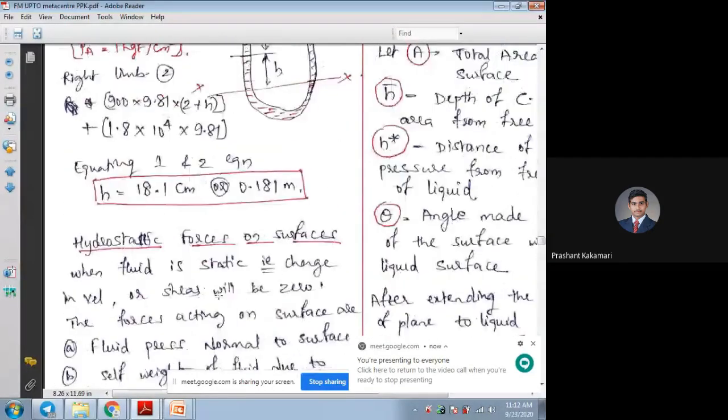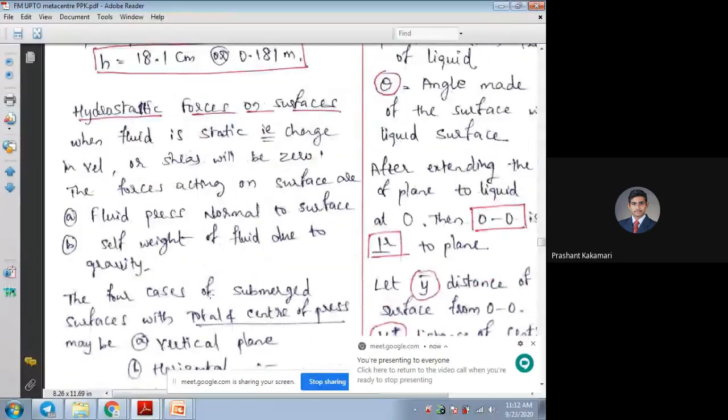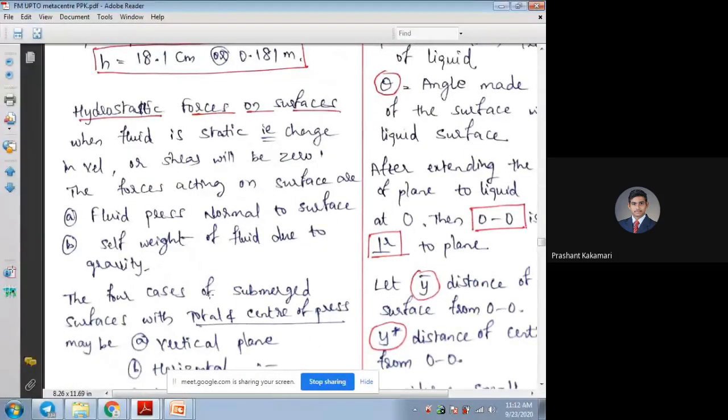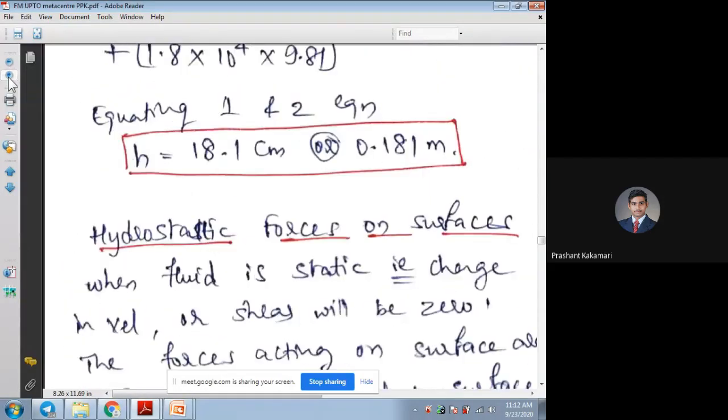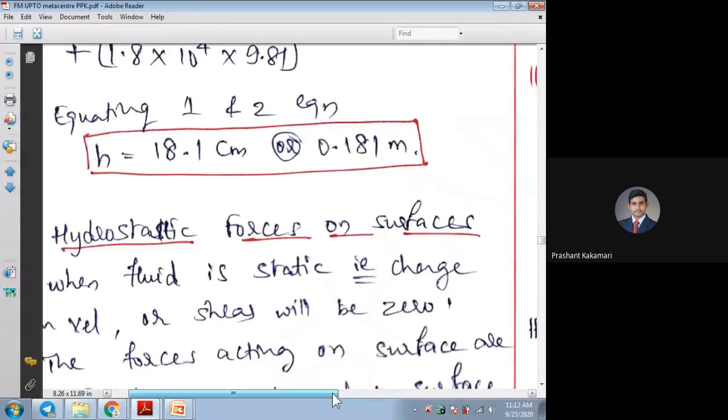Now we'll come to the other part, that is finding the hydrostatic force on surfaces. Before going to this topic, one should understand where these hydrostatic forces are going to act. All of you know what the hydrostatic law is.